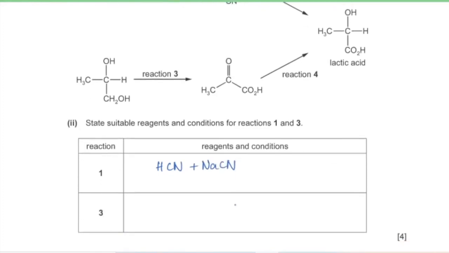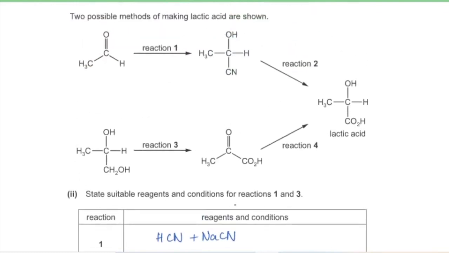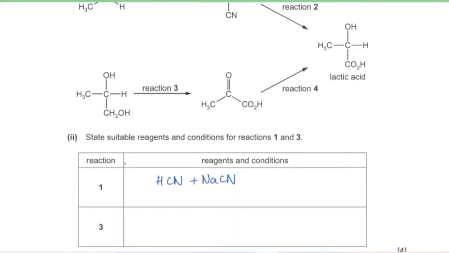Reaction 3 was all about oxidation of secondary and primary alcohol. So this oxidation will require acidified chromate ion, and it also has a condition that it requires heat under reflux.